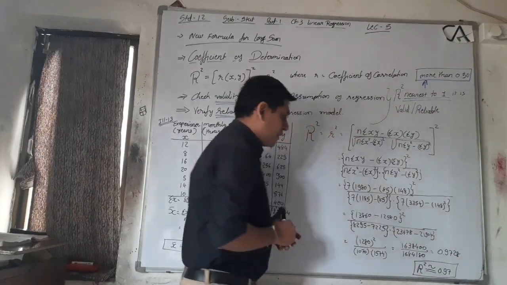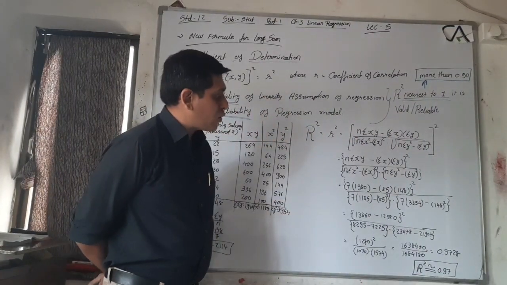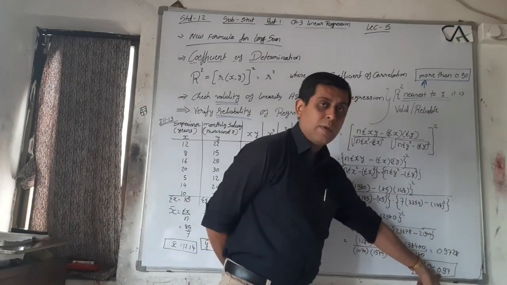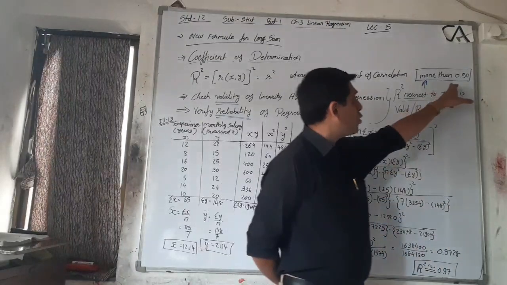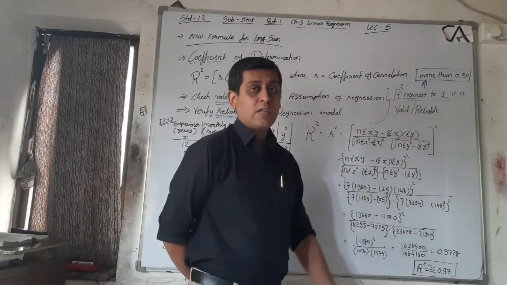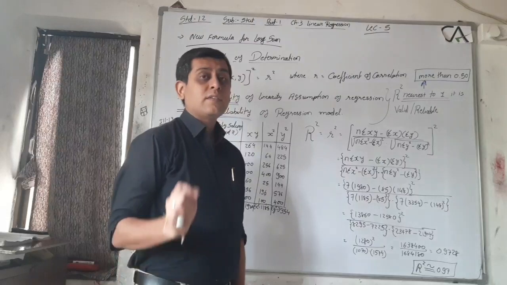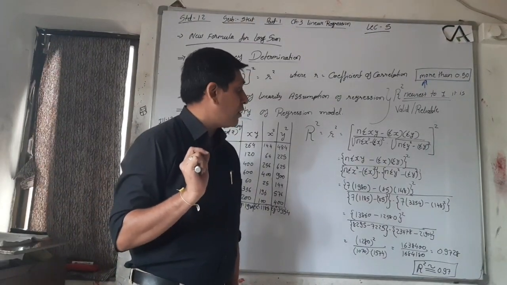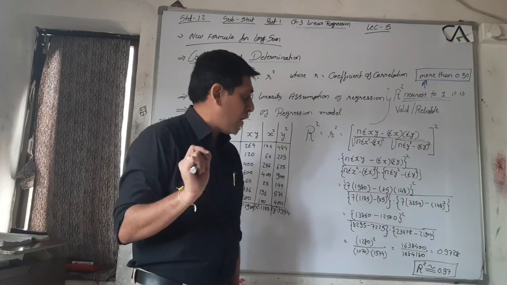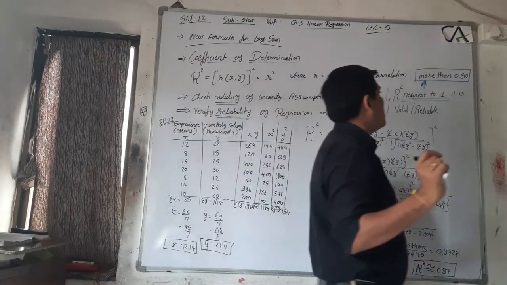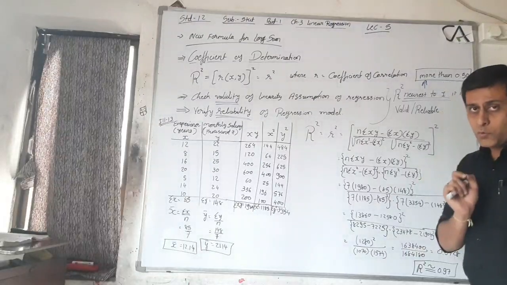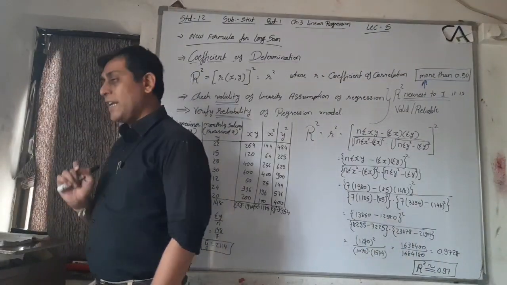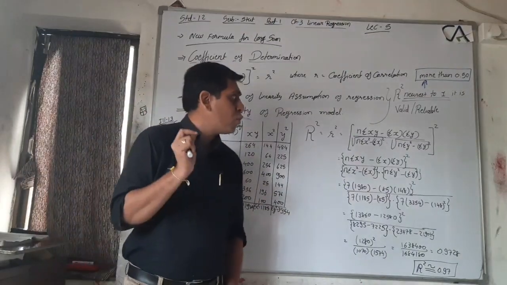First of all, check whether it is reliable or valid or not. Yes, it is reliable, or you can say it is valid, because the answer is more than 0.50, because the answer is 0.97. So you just have to write that the answer is more than 0.5. That means r square is nearest to 1. You have to write one line under this that the value of r square is very near or nearest to 1.